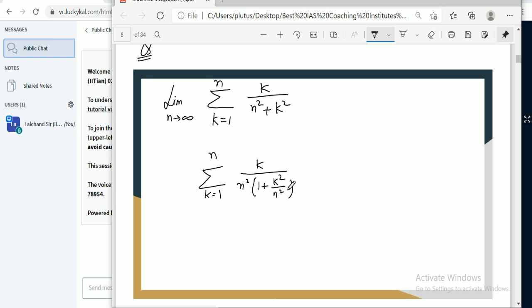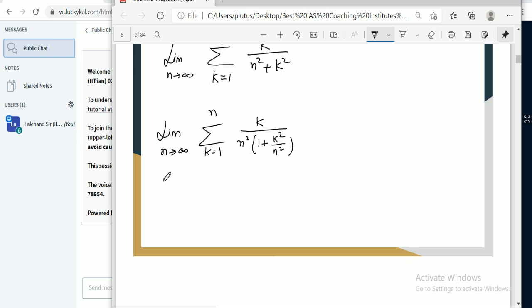So here, limit n tends to infinity. Now if I simplify this again, I can write this taking 1 by n from this n square, k by n, and here we have 1 by n, and this is 1 plus k square by n. You can write this equation like this.